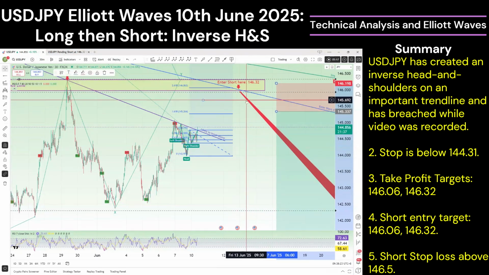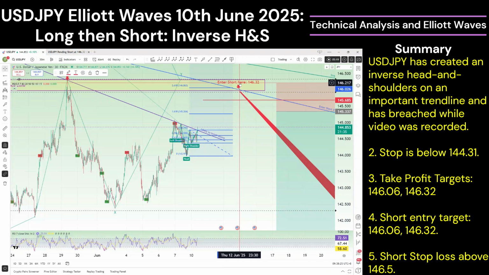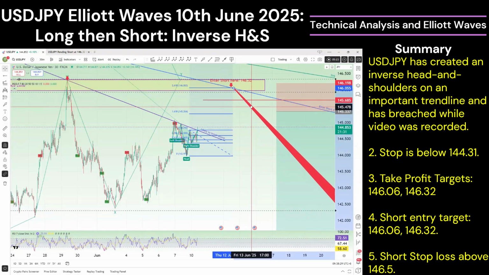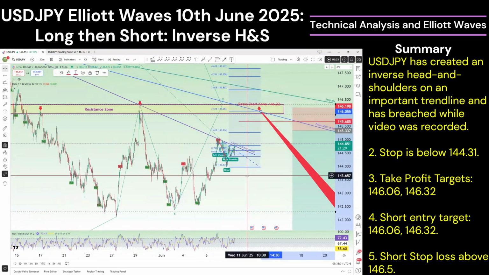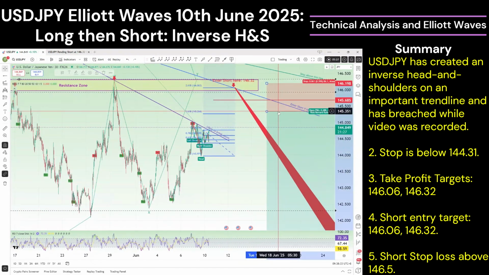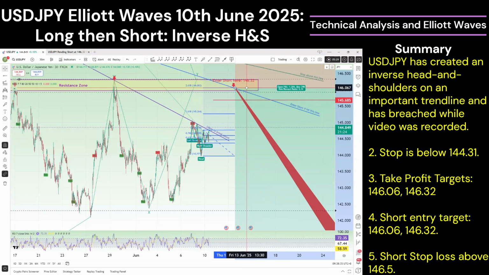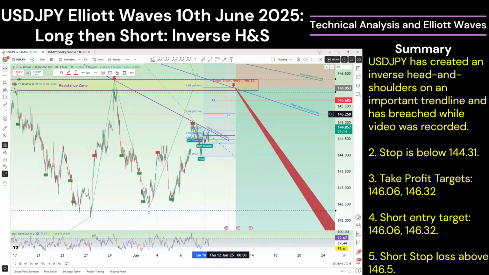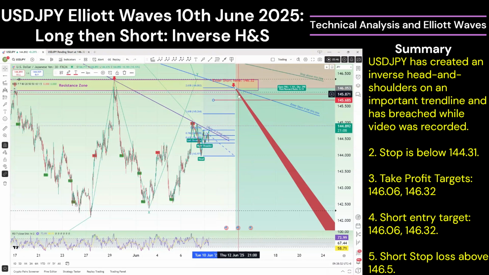I need to shift this because I actually wanted to take this, yes. So here, in terms of head and shoulders and Elliott wave, I would say that the head and shoulders itself gives a milestone target. You will have one that's 145.685, and that's probably where the wave three is going to end. Then a wave four and a wave five.